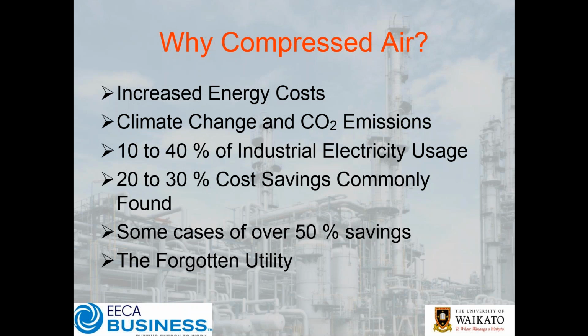There have been some instances with savings of over 50%. So it's one of the classic examples where something's often forgotten, commonly referred to as the forgotten utility. Because it's often forgotten, there are plenty of opportunities where just getting a few basics right can make all the difference.